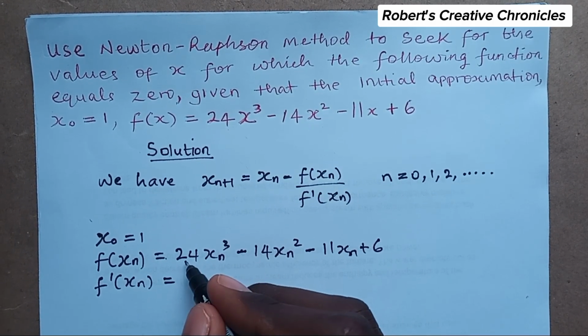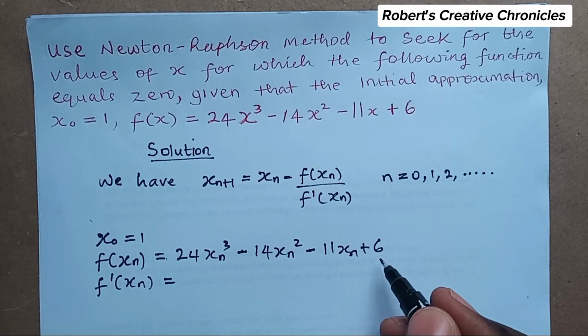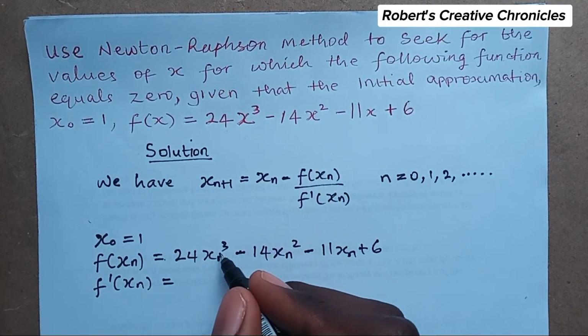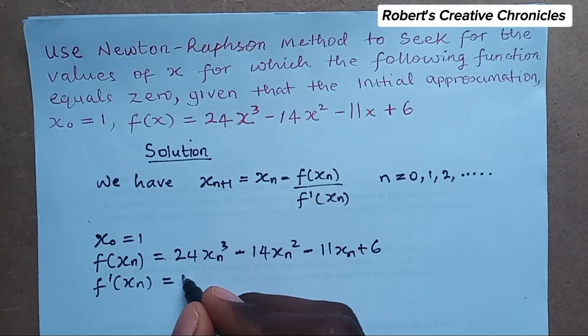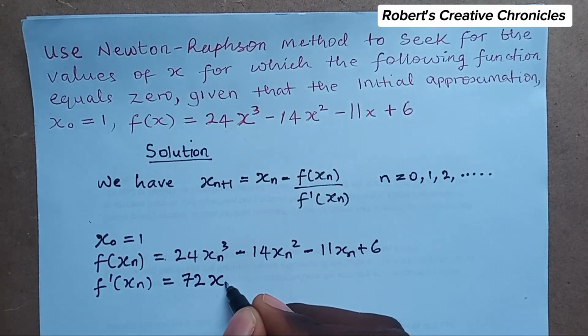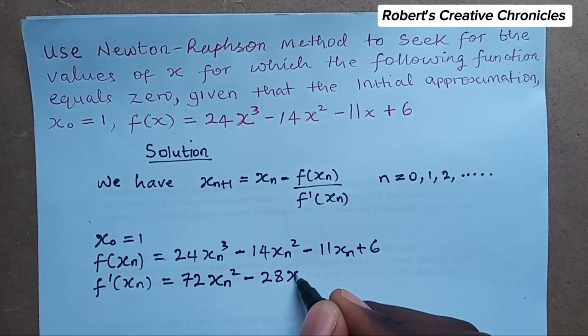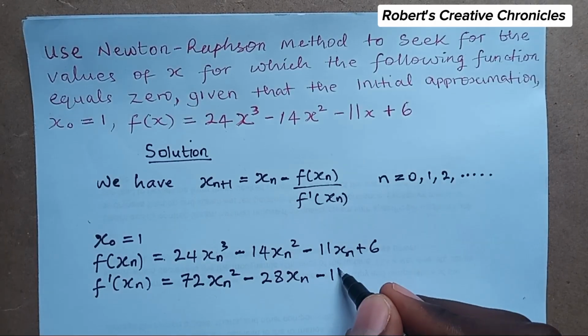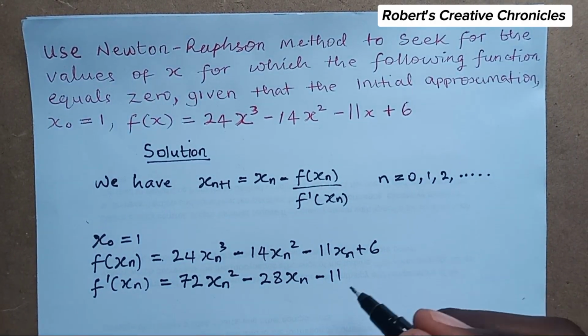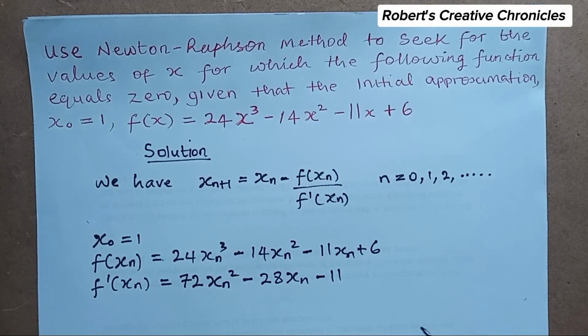So we are going to find the derivative, to be 3 times 24 is 72 x n squared minus 28 x n minus 11. The derivative of 6 is 0 since it's a constant.